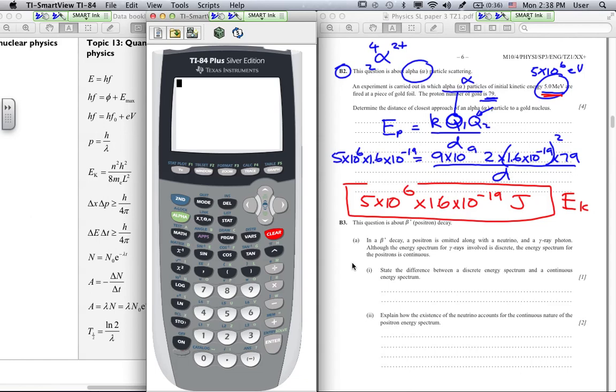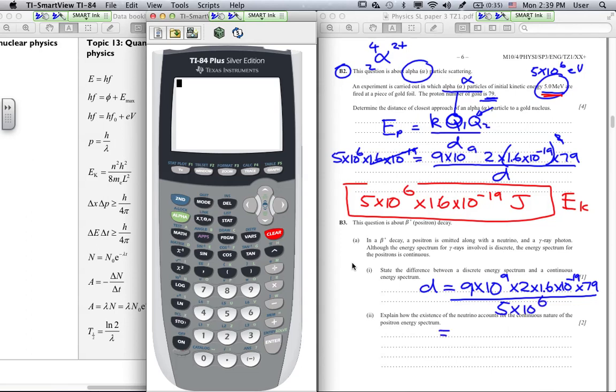And so your d is going to be this over here. Now one of your 1.6 times 10 to the negative 19 will cancel, so that's going to be 9 times 10 to the 9 times 2 times 1.6 times 10 to the negative 19 times 79, and you're going to divide that all by 5 times 10 to the 6.